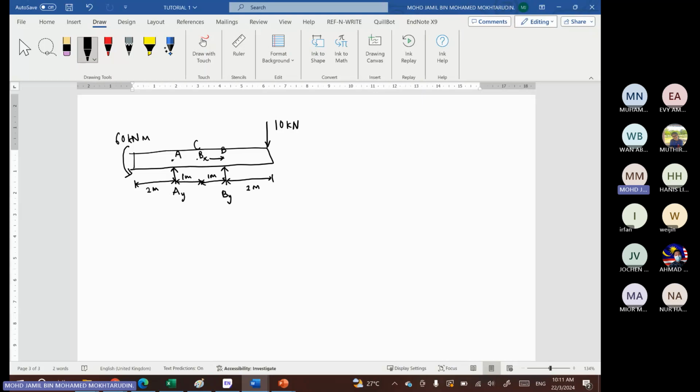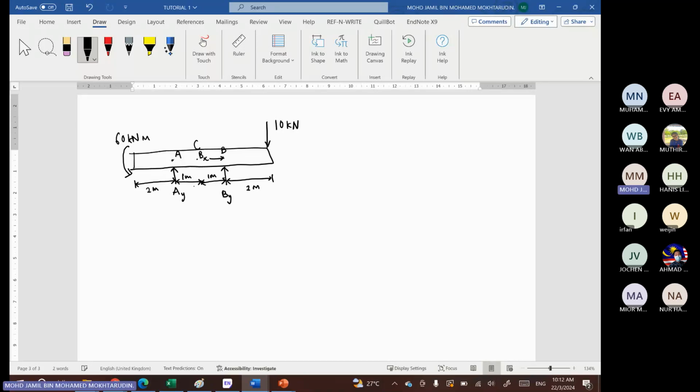Usually in the answer from the book example or from the solution manual, they will try to solve the equilibrium of moment first. So here you can determine the equilibrium of moment at point B. Why point B?